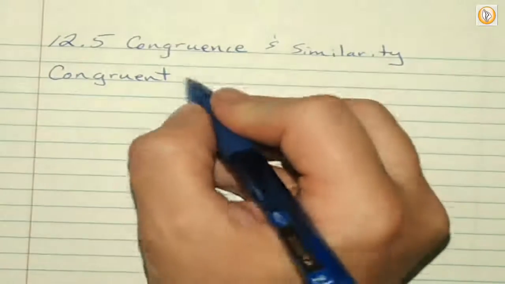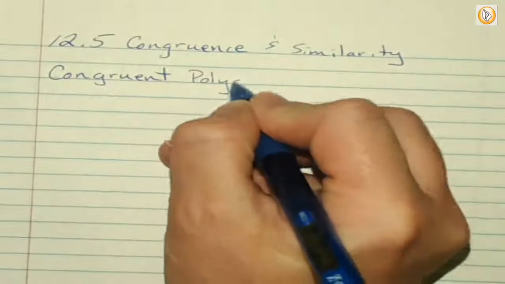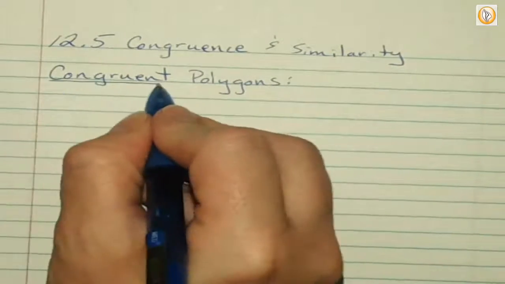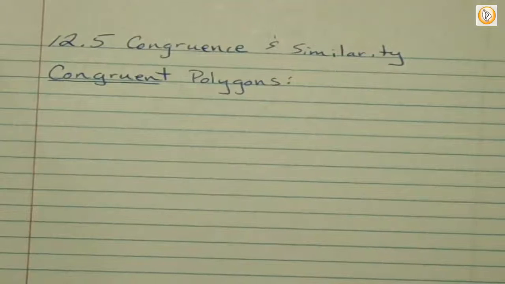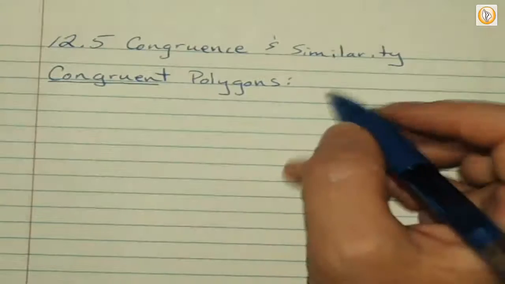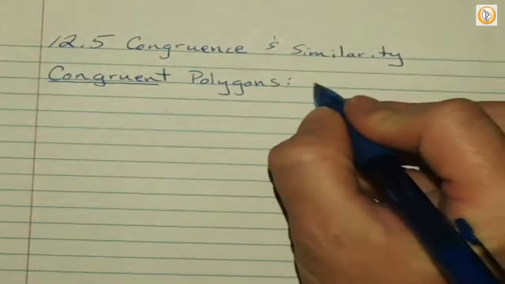All right. Congruent polygons. What does congruent mean? Gabby? They're exactly alike. They're equal. Okay, congruent means equal. And we're learning about congruence and similarity today.